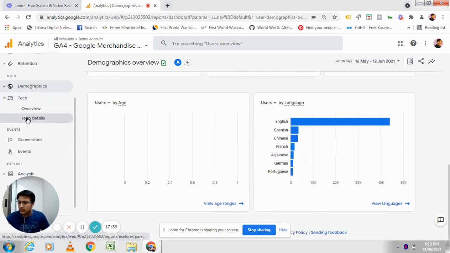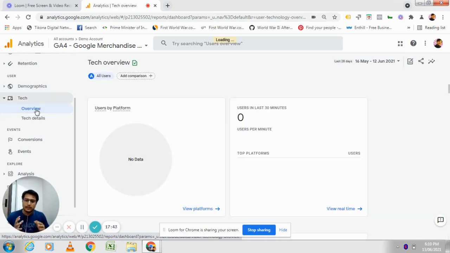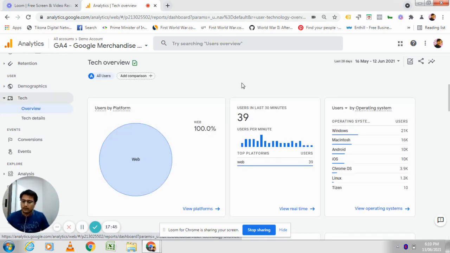Then coming to the technology part, you will come to know what technical systems are used by your customers. What are the operating systems, like Windows, Mac, Android, iOS, Chrome.